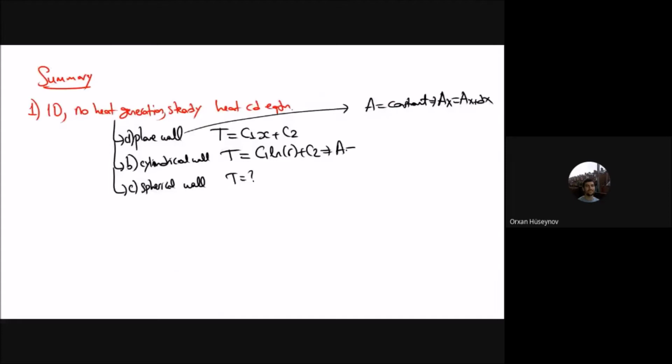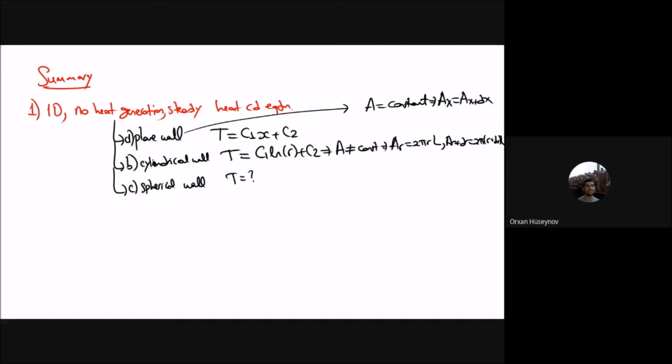And that is the reason you have this more complex function, where the temperature depends on the radial coordinate r in a logarithmic manner.